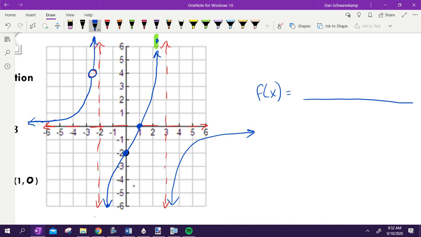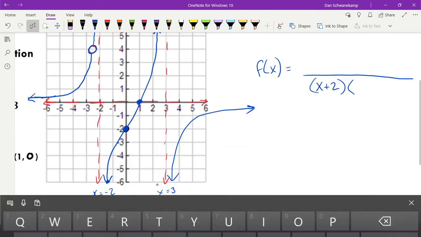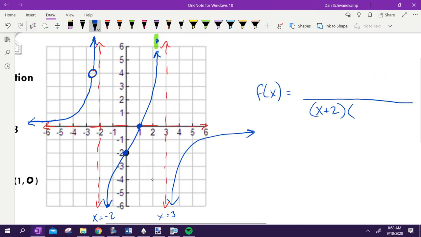I have a vertical asymptote at x equals -2 and x equals 3. What am I going to put in my rational to get those vertical asymptotes? Good. I need x plus 2 in the denominator. That's going to get me a vertical asymptote at -2, and an x minus 3 in the denominator. That's what's going to get me x equals 3.